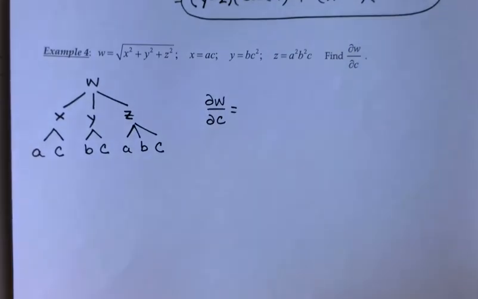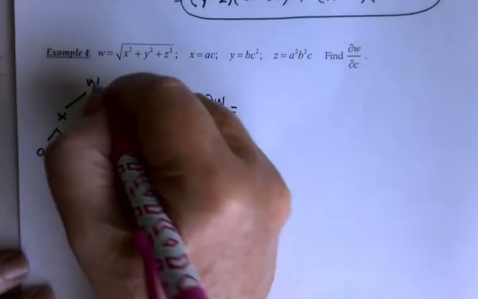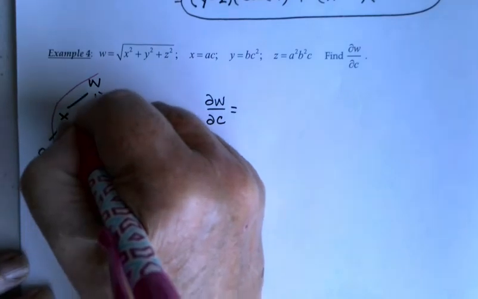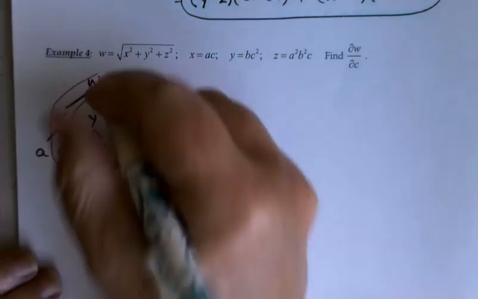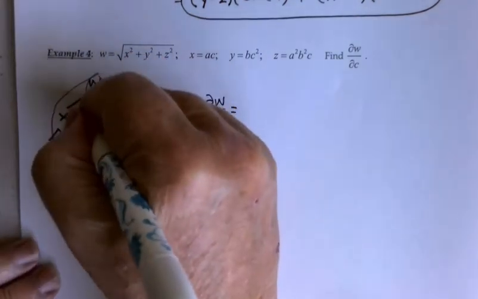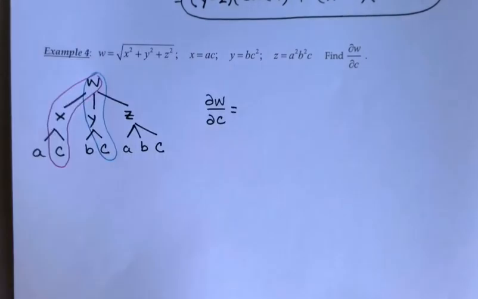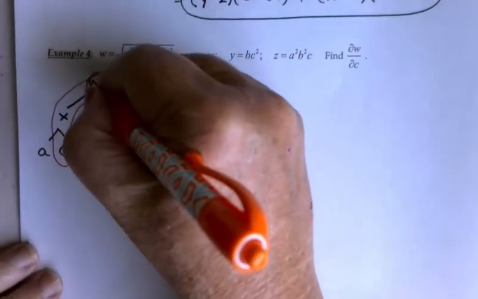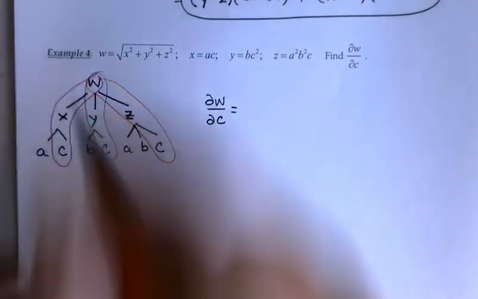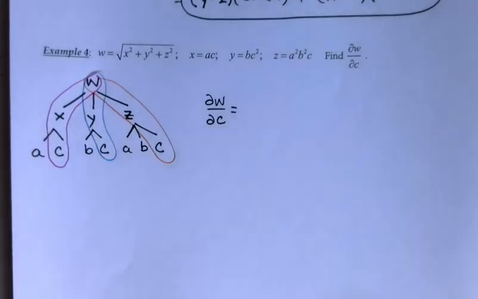Now there are 3 paths that take me from w to c. There's one there. There's one there. And there's one there, right? So I'll have to account for all 3 of them.